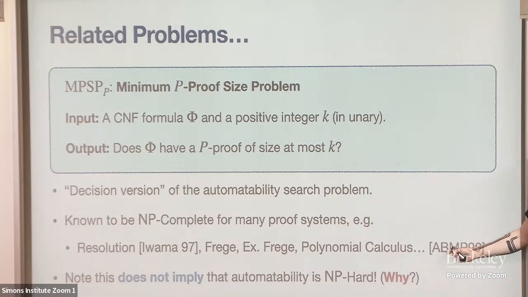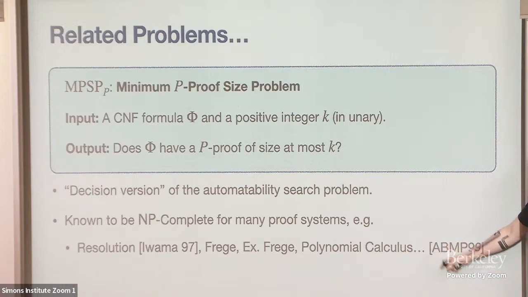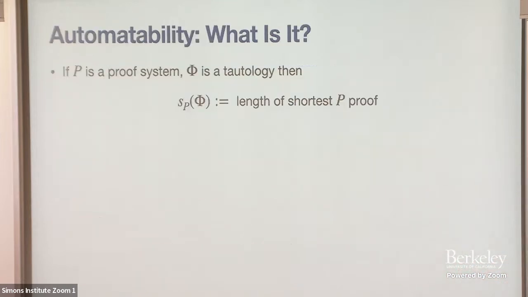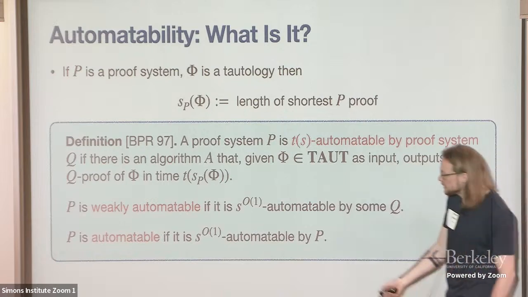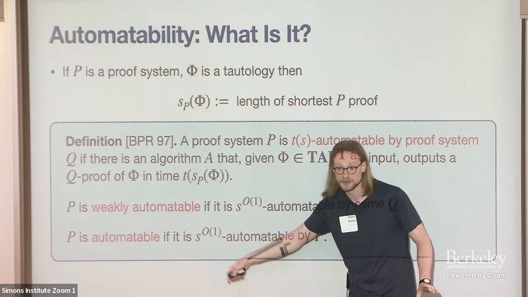So these NP-completeness results do not imply that automatability is NP-hard. Why is that? Why even study automatability? I already know that proof search is hard. Why? Well, the answer is that if you go back to what automatability was saying, we're going to be automatable if I'm allowed to be off from the optimal proof length by a polynomial factor.